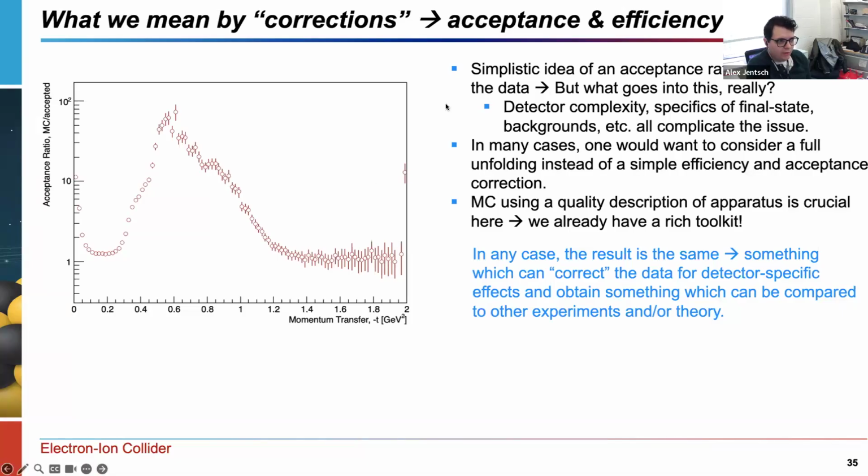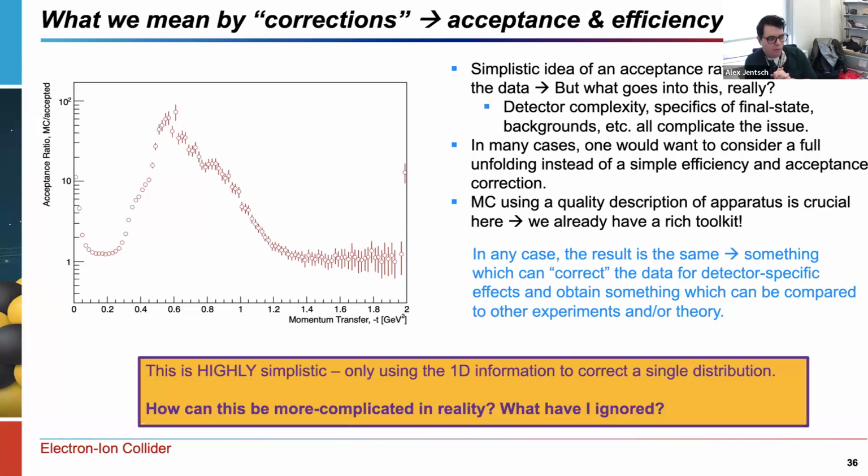I will say though, this is an overly simplistic idea. What have I ignored here, right? I'm looking at a 1D distribution and its acceptance and trying to apply a correction. There's more that can come into why the acceptance is what it is in 1D. In real life, a good example of this is if your detector has a chunk that's missing.